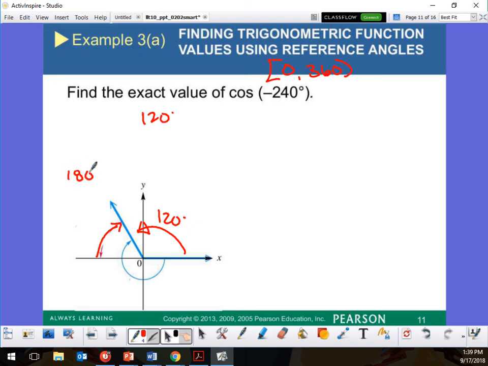So it should be 180 minus 120, which gives me 60 degrees. So that means that here is 60, and this triangle is going to look like this. That's 60 there. So this side over here would be what value?